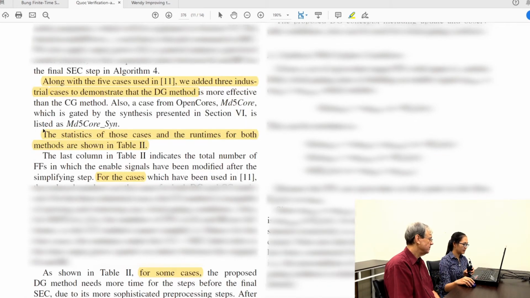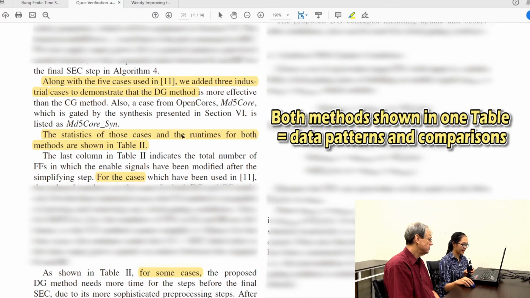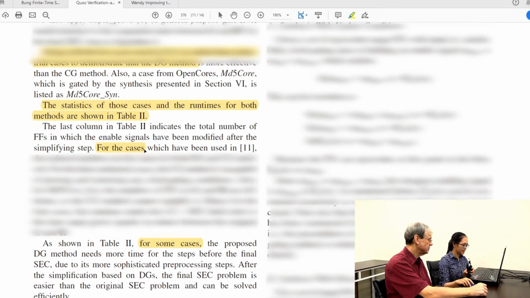Yes, and here next they say the status of those cases and the runtime for both methods, as shown in Table 2. So this table includes the data pattern and also the comparison. And here we can easily find the comparison component because they mention for the case or for some cases. So they show some comparison of their work.